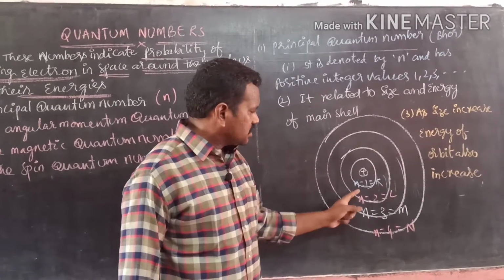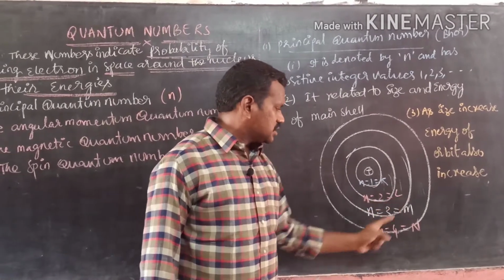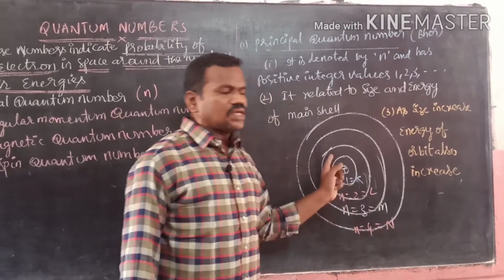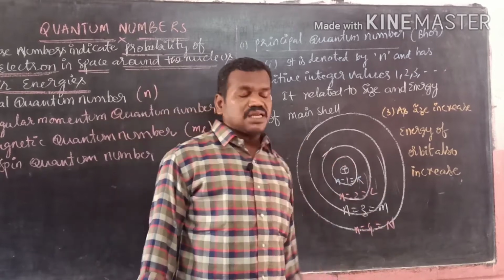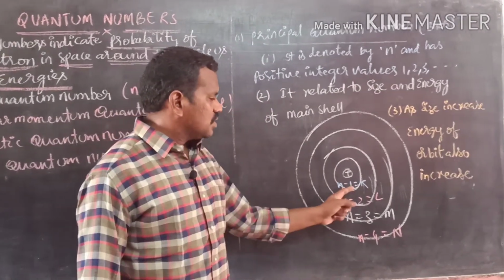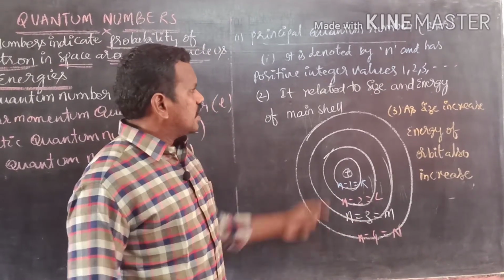Consider n equal to 1 as the K shell, n equal to 2 the L shell, n equal to 3 the M shell, n equal to 4 the N shell and so on. How many shells will there be? Infinite shells, and for that reason these are all positive integer values.